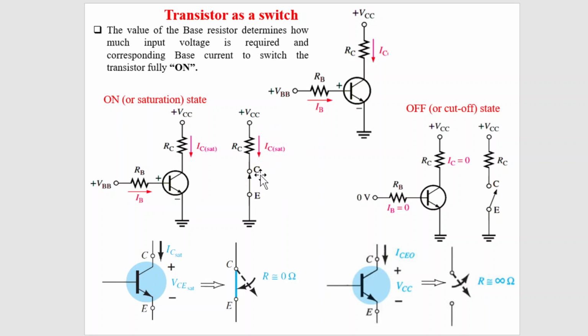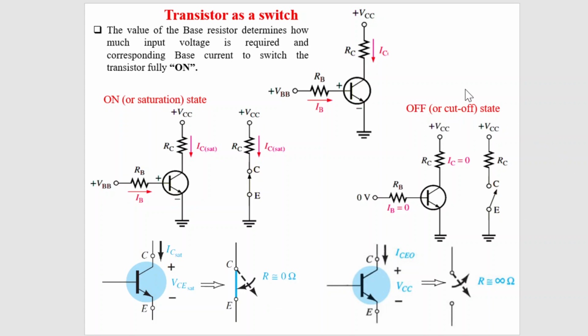A shorted circuit always provides zero resistance, so the resistance between collector and emitter becomes equal to 0. That is the equivalent transistor circuit when it is used as a switch in the on condition.